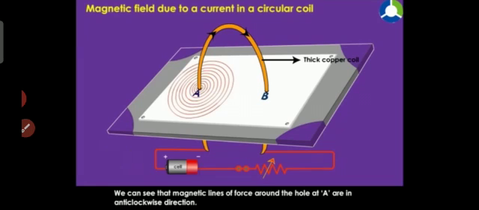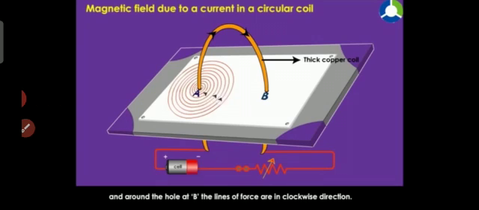We can see that the magnetic lines of force around the hole at A are in anticlockwise direction. However, the magnetic lines of force near the center of the coil become almost parallel, and around the hole at B, the lines of force are in clockwise direction.